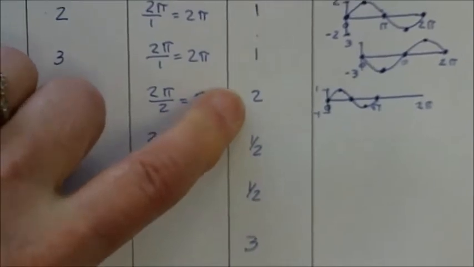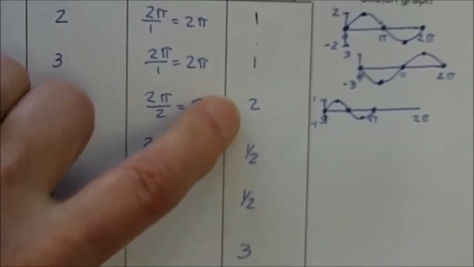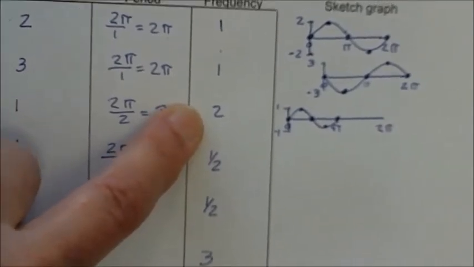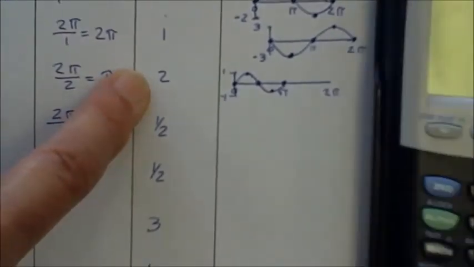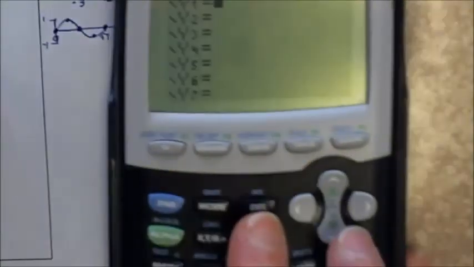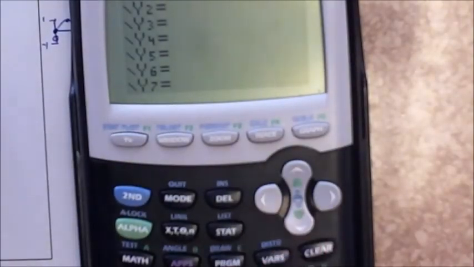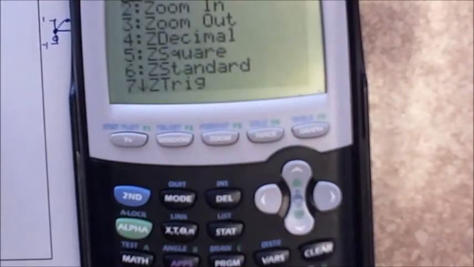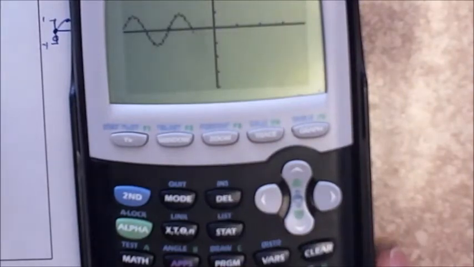Now again, the frequency tells us how many complete full curves we have from 0 to 2 pi. So if I want to just check on the calculator, I key in y equals sine 2x, look at the graph, and make sure we're in radians.